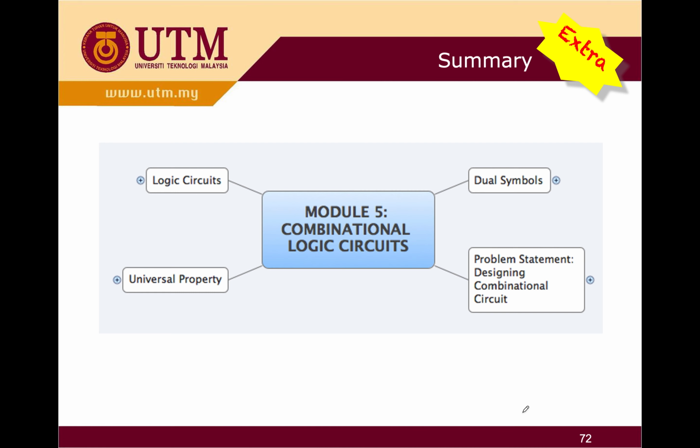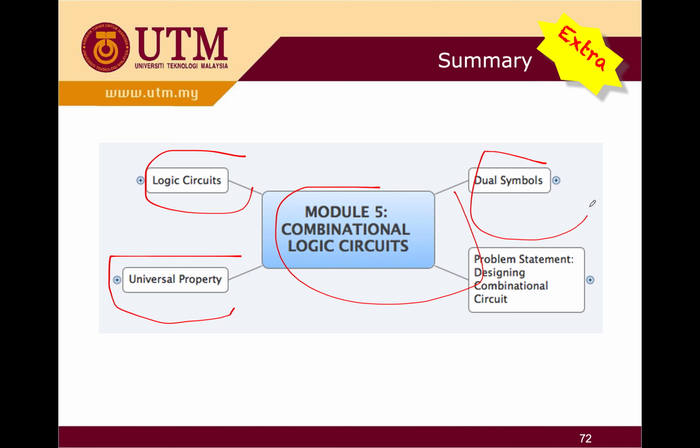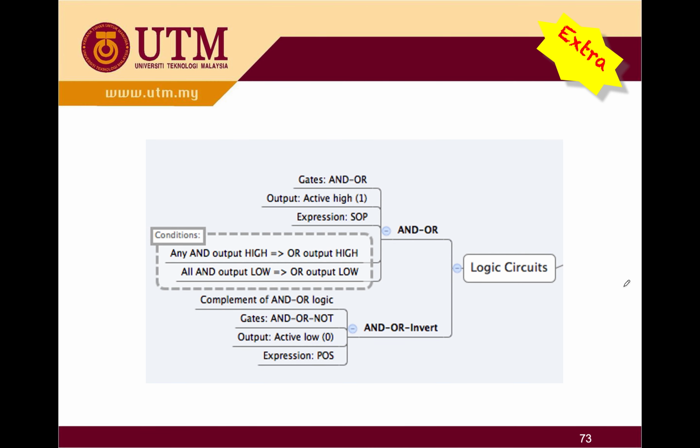So these are the extra notes on what you learned in your combinational logic circuit. You have logic circuit, universal properties, dual symbols, problem statement, designing combinational circuit. Basically on your logic circuit, you look at the NOR gate, and then NOR inverse.